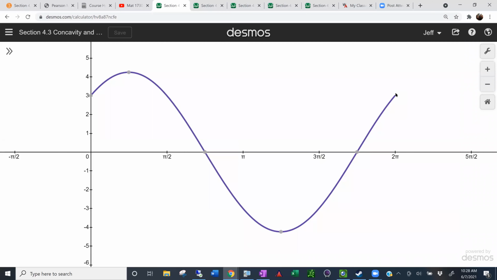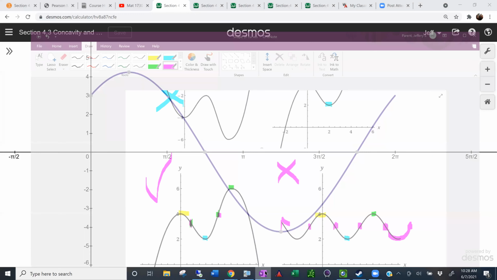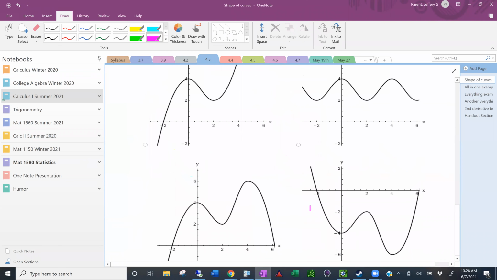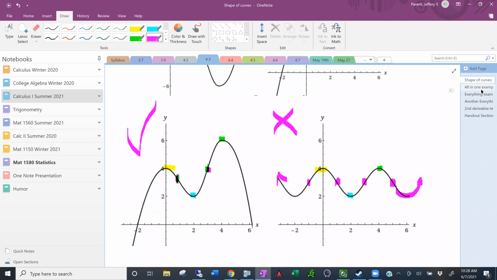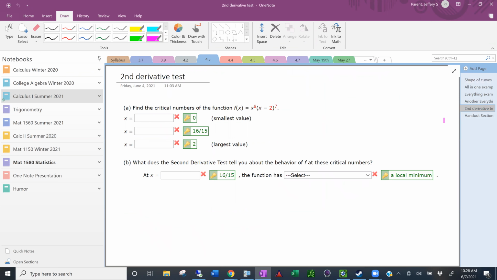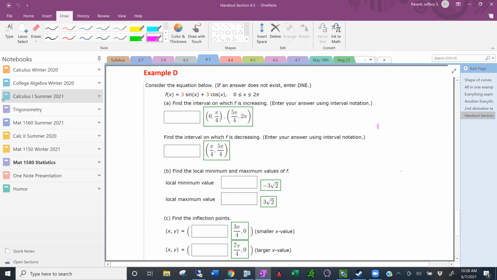So we could actually use a bracket there on 2 pi. But there we go, they use a parenthesis on 2 pi. I'd argue you can use a bracket, but we're going to use a parenthesis.